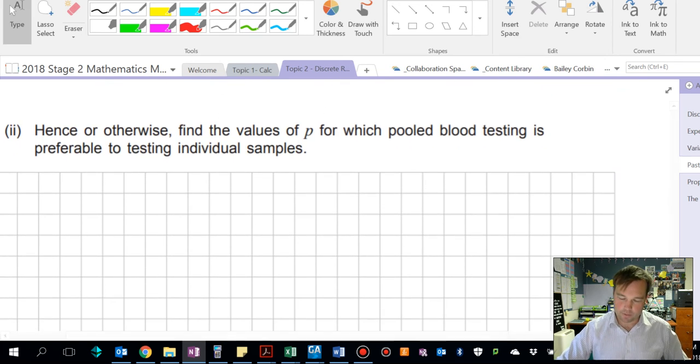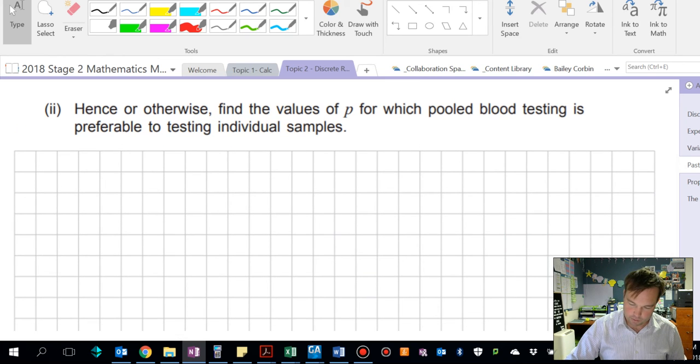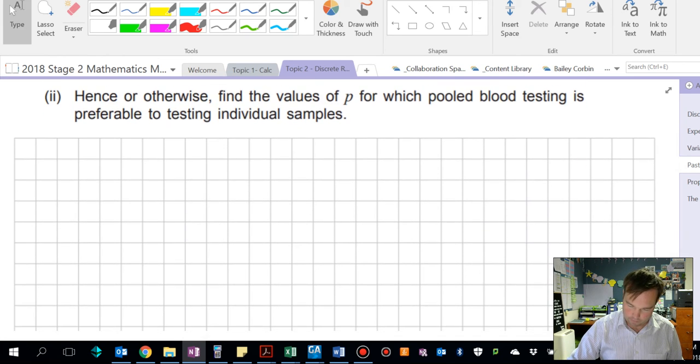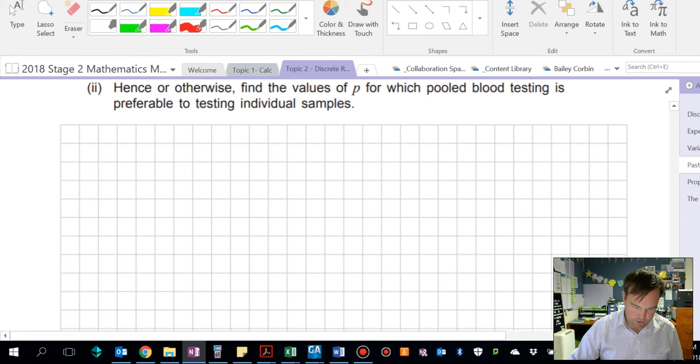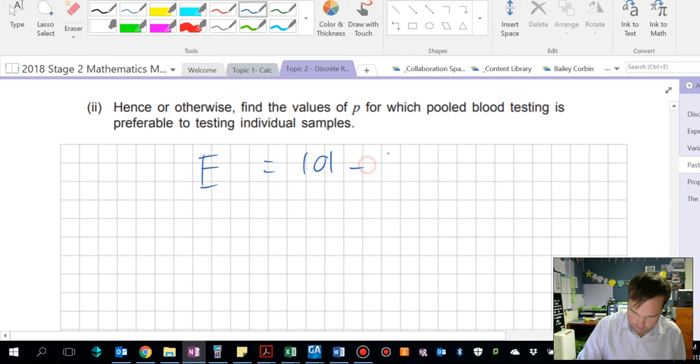Alright, hence or otherwise, find the values of P for which pooled blood testing is preferable to testing individual samples. Alright, so using our formula from above, the expected number of tests would equal 101 minus 100, 1 take P to the 100.